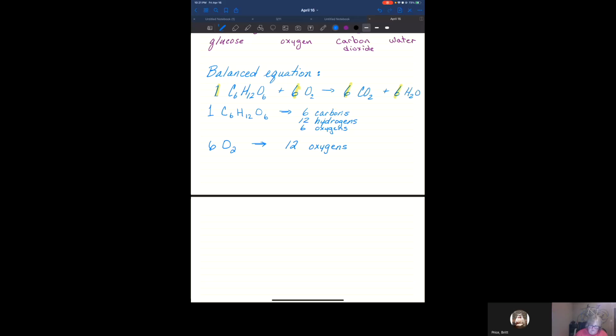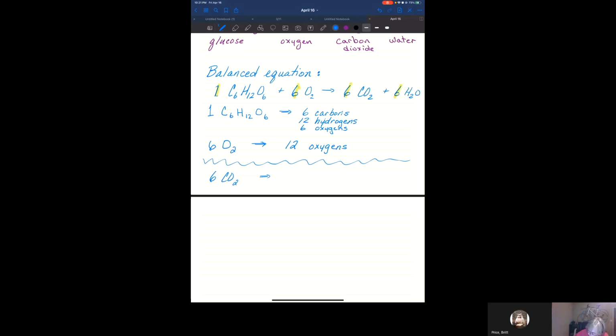That's on the reactant side. On the product side, break it apart here. I have 6 of those CO2s.